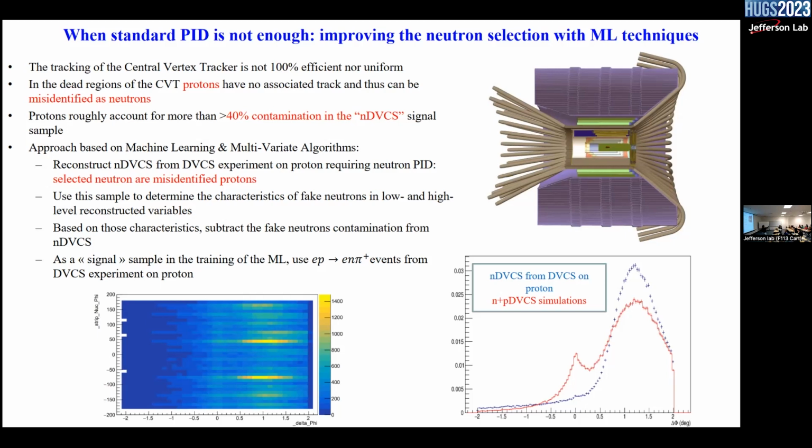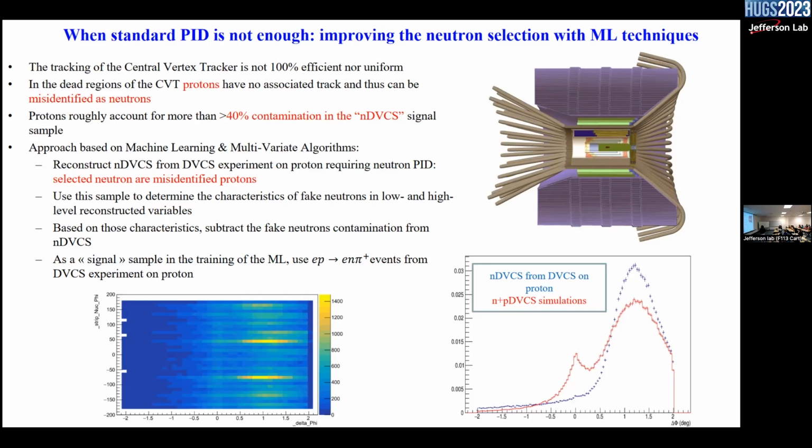We were reconstructing the kinematics assuming it was a neutron, so we assumed a straight track, while instead it had a curved trajectory. So when you reconstruct all the kinematics and do the delta phi, it was creating a bump at the side. So we decided to use this delta phi distribution as a way to check whether we are still having a lot of background, or whether we have cleaned it up.